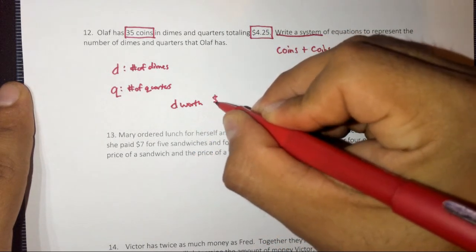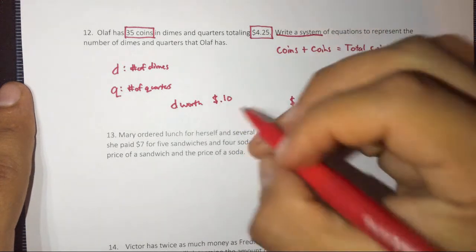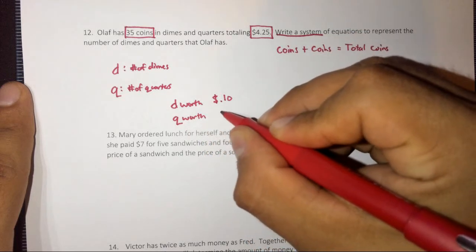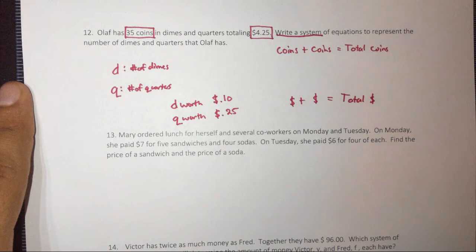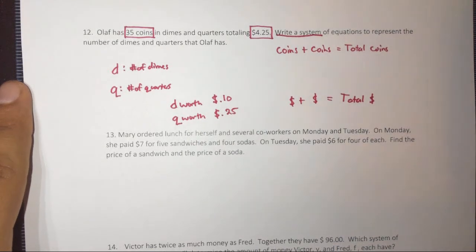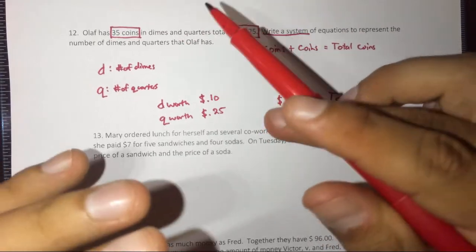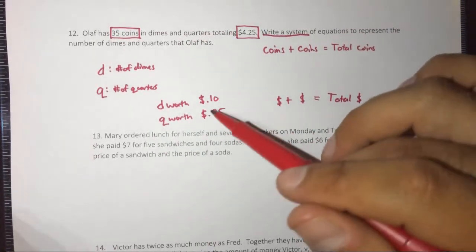We would write that as 0.10, and quarters are worth 25 cents. We would write that as 0.25. Again, that's just something that you need to know. They're never going to tell you that in the coins problems. You have to know how much each of these are worth and how to write them.